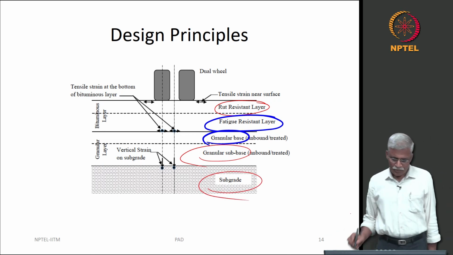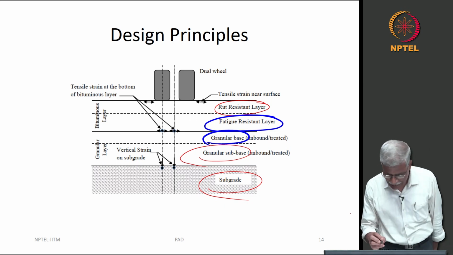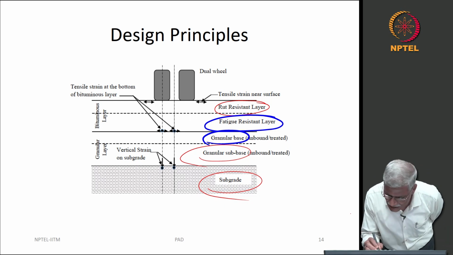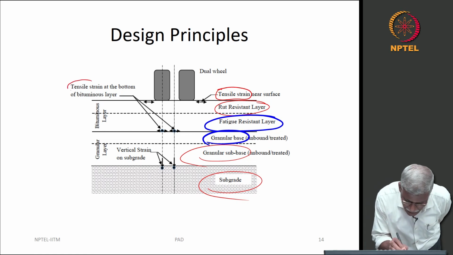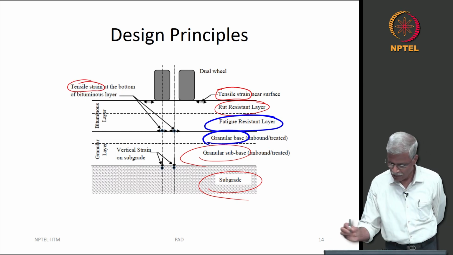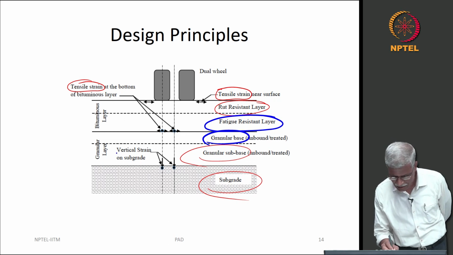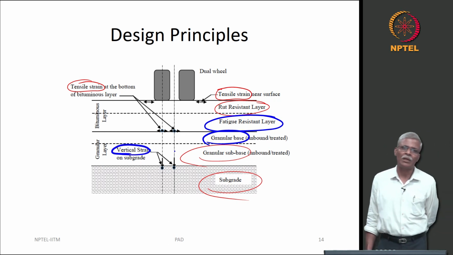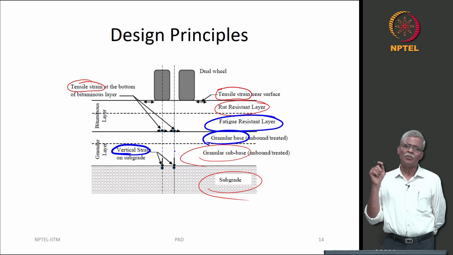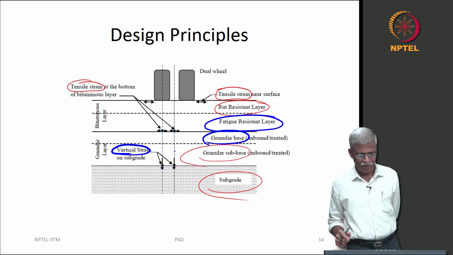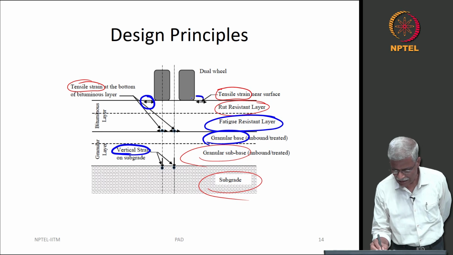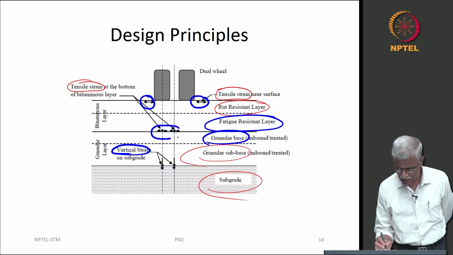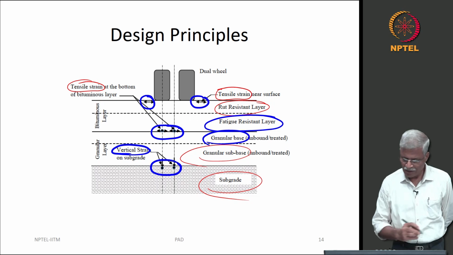Now, if you take a look at it, the critical strains, tensile strain and the compressive strain, they are measured at some specific point. So, they are measured here, here, here as well as here.